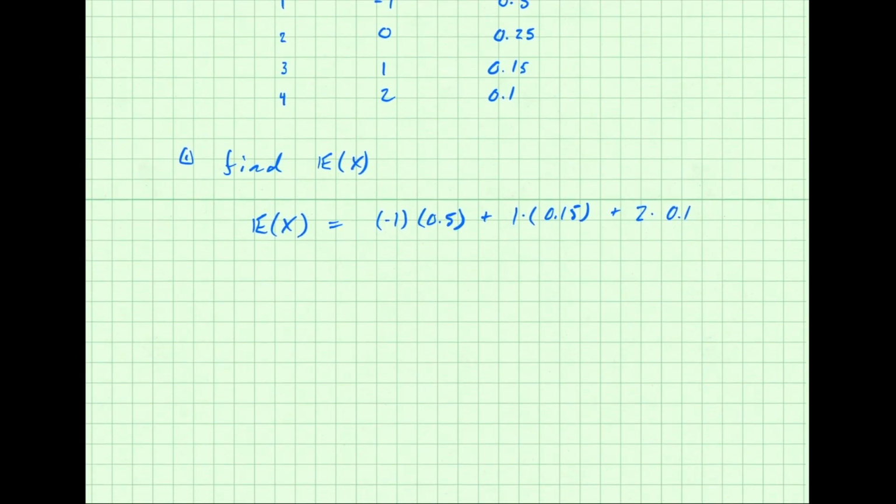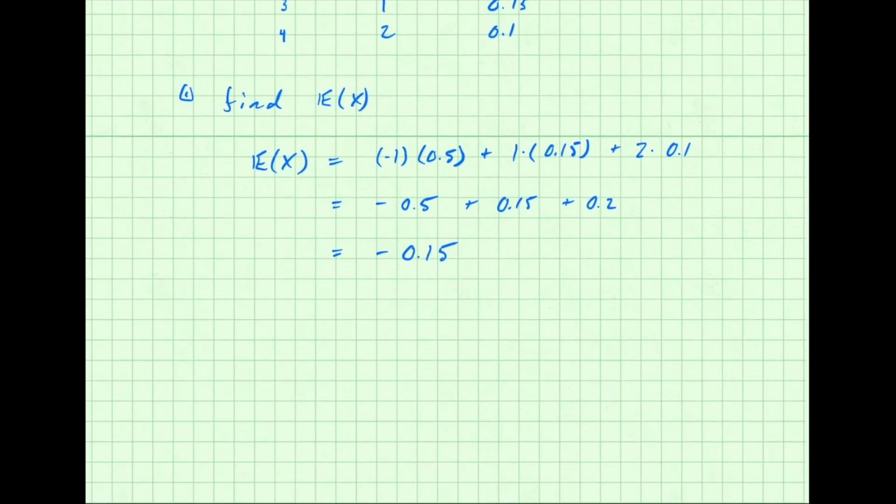Sorry, there's a lot of mixed notation there. So we've got -1/2 plus 0.15 and then plus 0.2. And if you add those things together, you get -0.15. So that's the expected value of x.